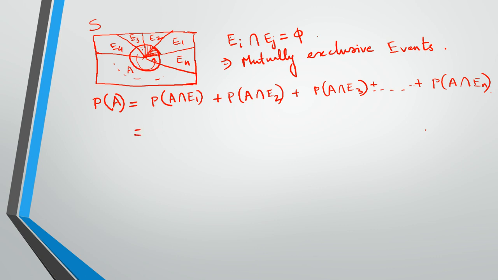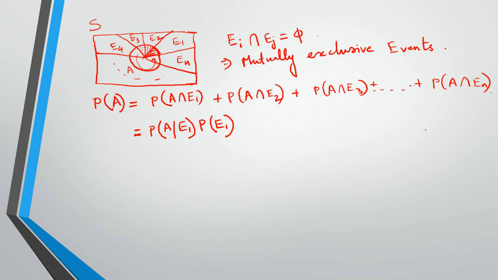Okay, so what is P of A intersection E1? P of A intersection E1 equals P of A when we know E1, times P of E1. That's what P(A intersection E1) is. We already did it before, right?